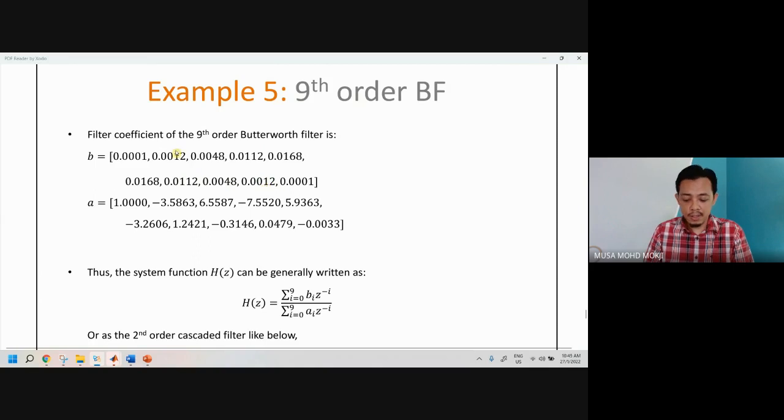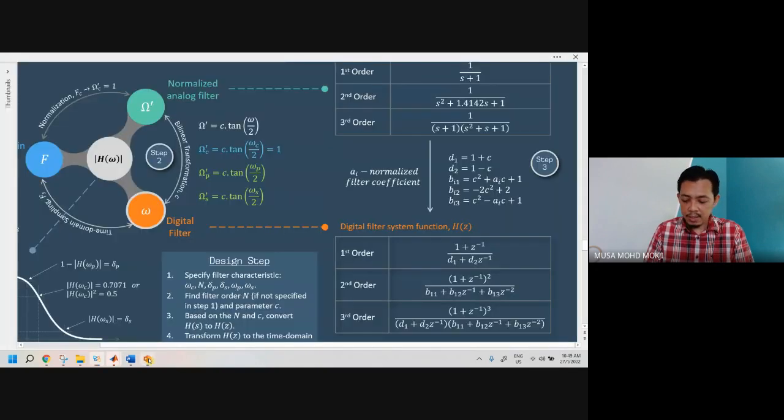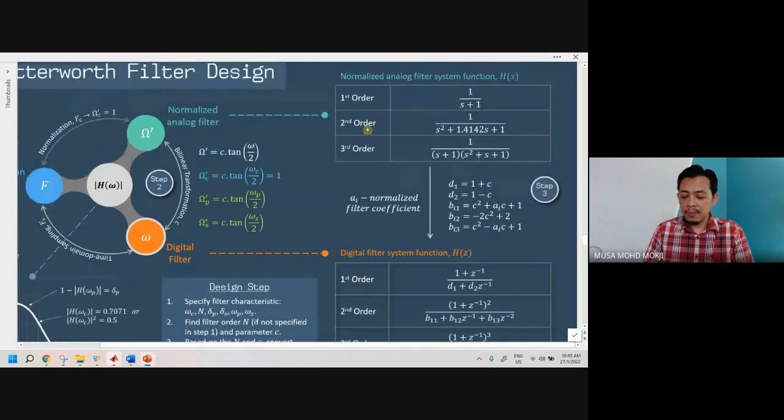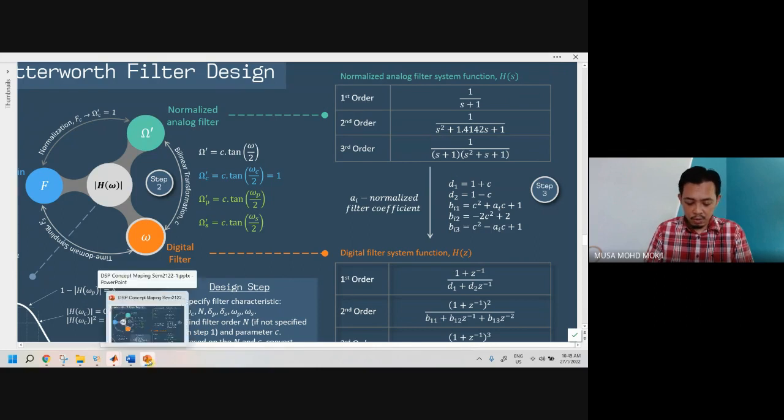The same process applies, but in our notes, in the formula list, the ninth order is not listed. But we can find that from some resources, the ninth order of the normalized-frequency Butterworth filter. No problem actually, but we're not going to do that in exam and test. So this is just for some analysis.